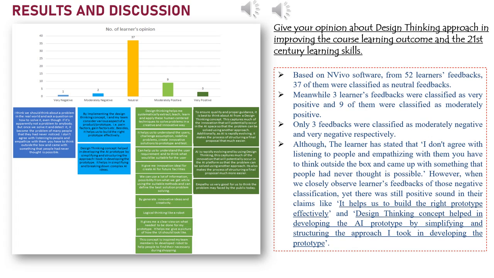However, when we closely observe learners' opinions in those negative classifications, there were still positive sounds in their claims, like it helped us to build the right prototype effectively, and the design thinking concept helped in developing the AI prototype by simplifying and structuring the approach I took in developing the prototype.